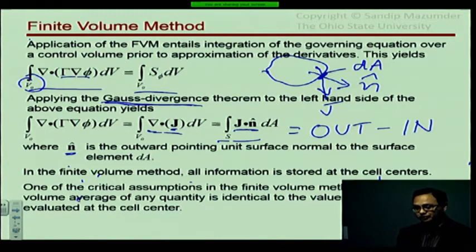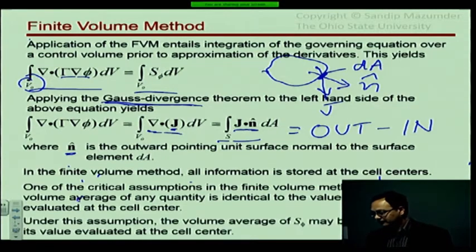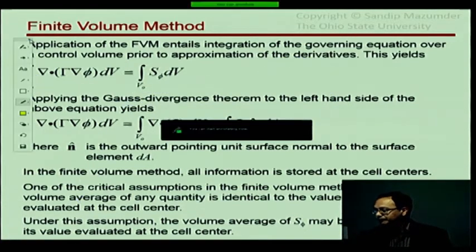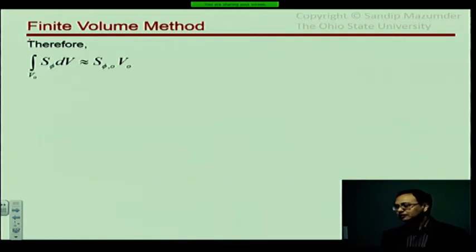We're saying the volume average of any quantity is identical to the value of the quantity evaluated at the cell center. All right? Under this assumption, the volume average of S phi, which is on our right hand side right here, may be assumed to be its value evaluated at the cell center, and so therefore we can write that, which is basically the general form of that fx dx equation that I wrote in the previous page.